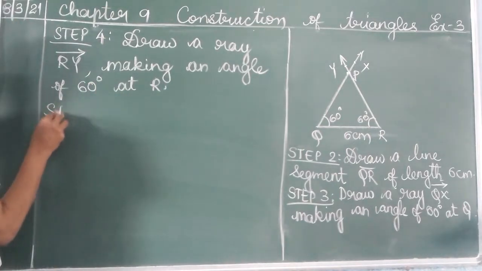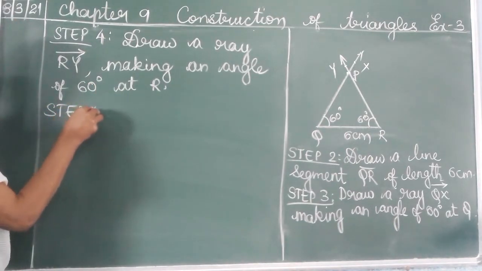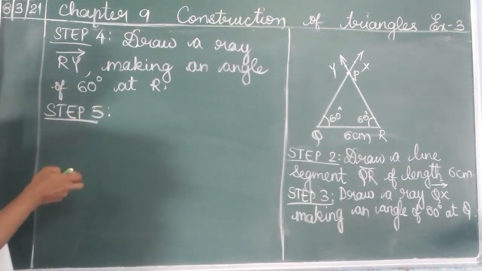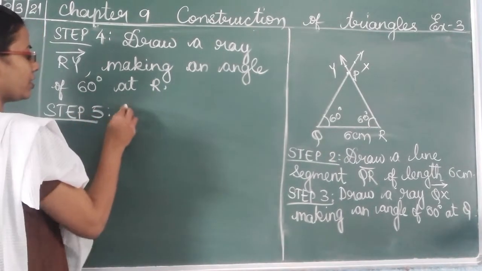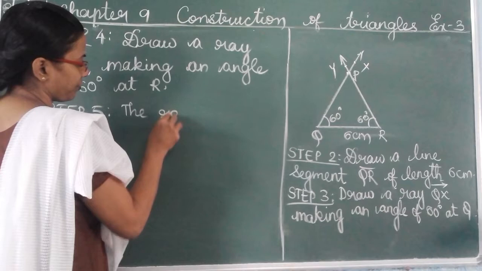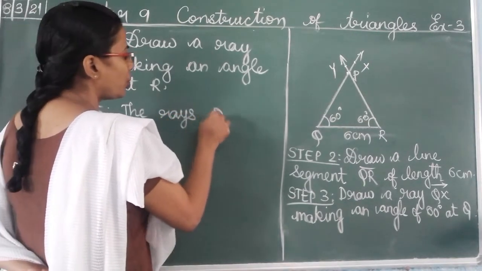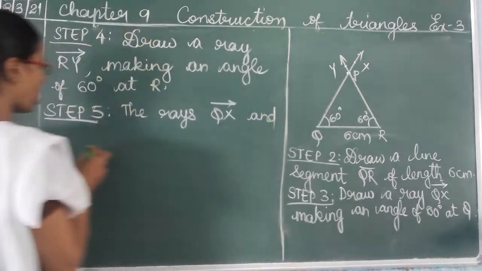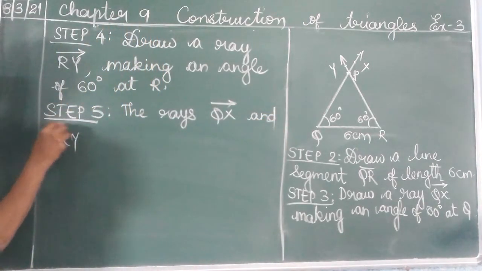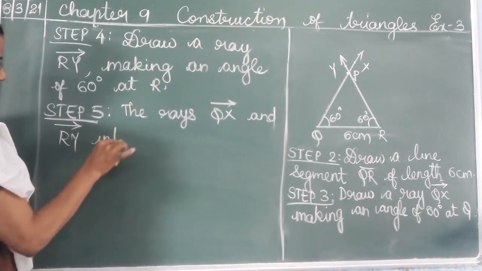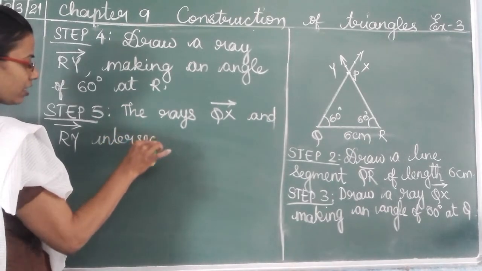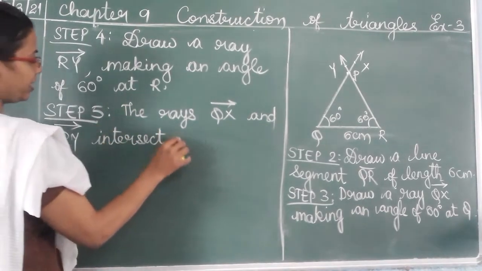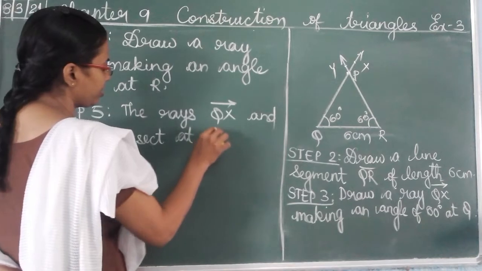Now let us write step 5. The rays QX and RY intersect at a point.